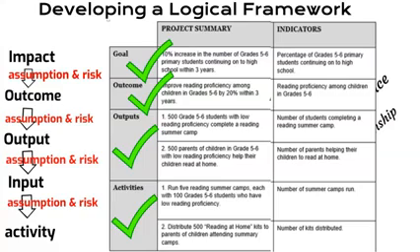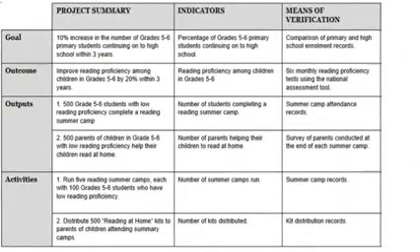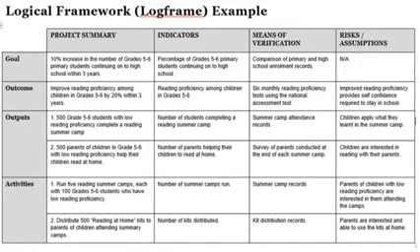We also need to add the means of verification, which tells us from where we are going to get the data, and finally the risk and assumptions of the project, which inform us about the broader environment within which the project is being implemented. So that, in essence, is the logical framework.